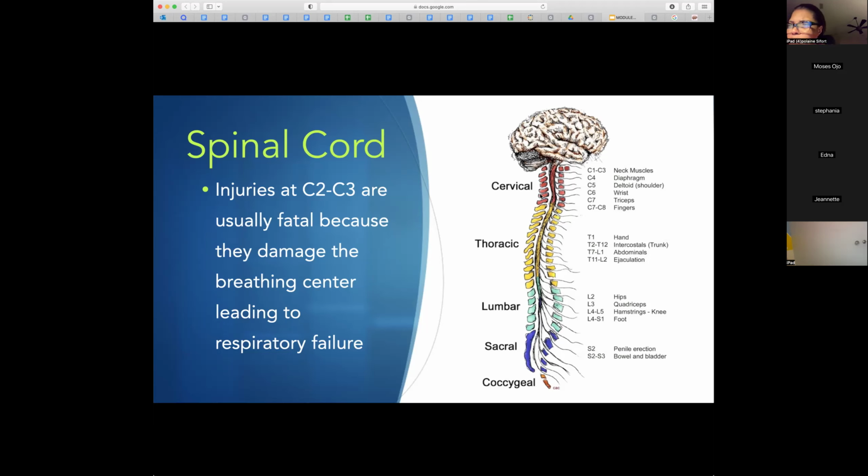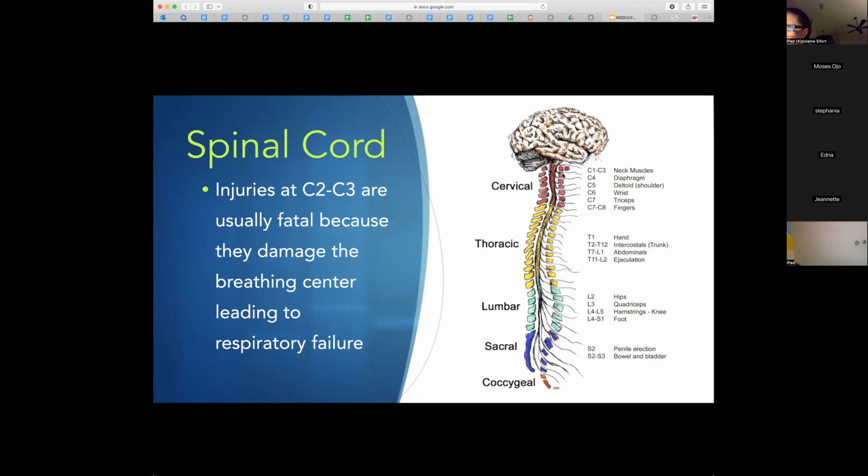So the vertebrae have the same names. These are the cervical vertebrae, and you have C1 to C8, okay? Then these are your thoracic vertebrae, the bones, T1 to T11. Then you have your lumbar vertebrae, your sacral vertebrae, and your coccygeal vertebrae.